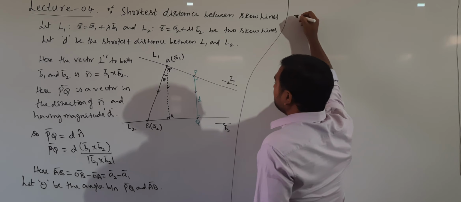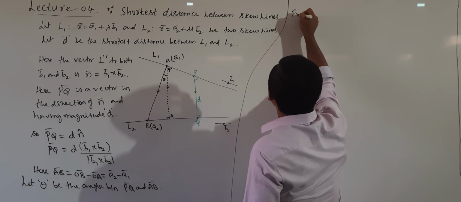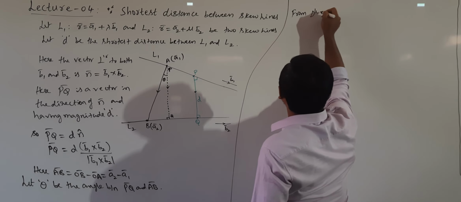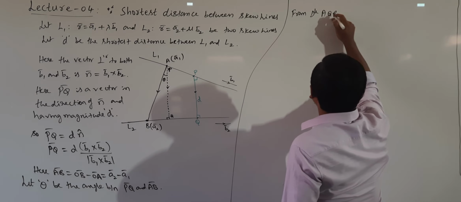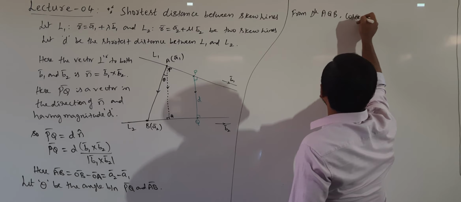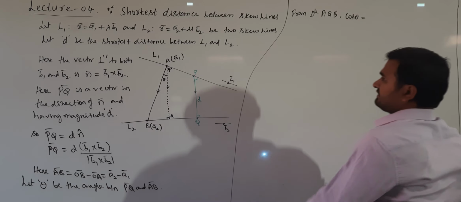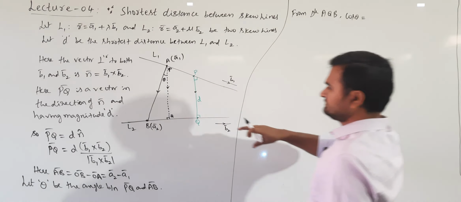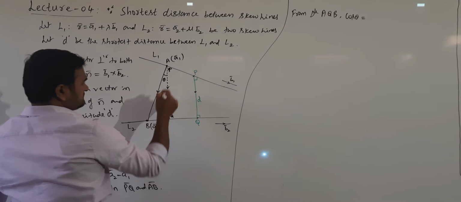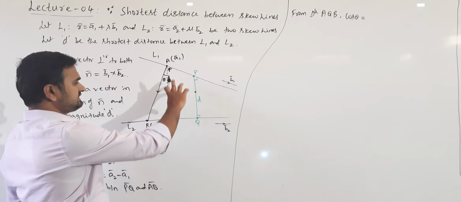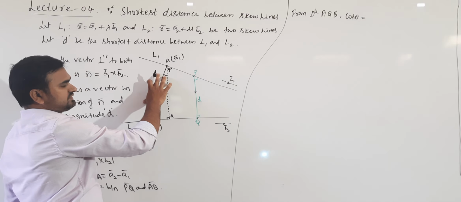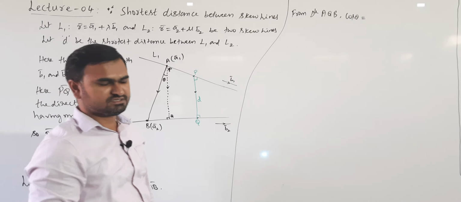So from triangle AQB, what is cos theta? What will be cos theta here? Cos theta is nothing but, this is a right angle triangle, adjacent by hypotenuse. Adjacent is PQ, hypotenuse is AB. Now we need its magnitude.